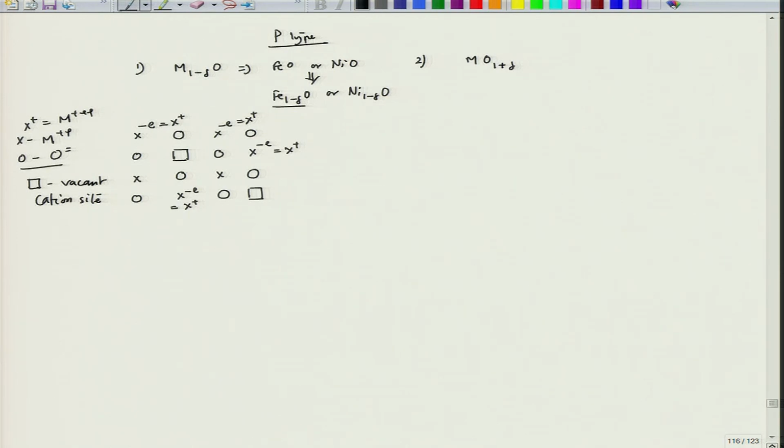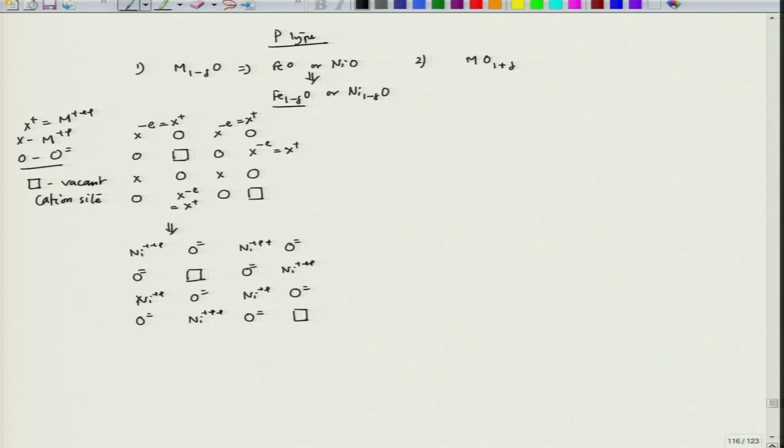So, for example, if it is nickel, the structure would be nickel 3+. So, this will be the situation you can experience.